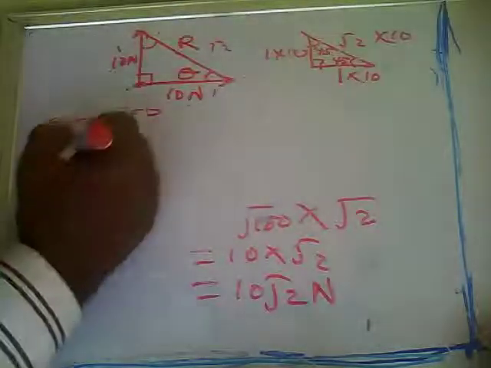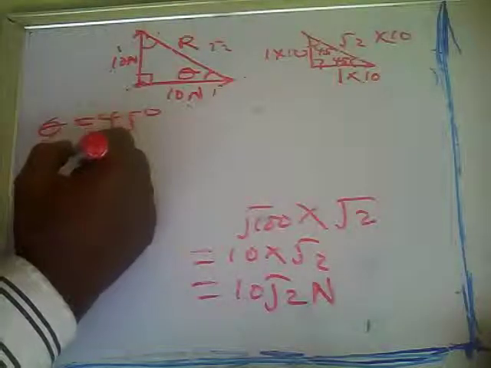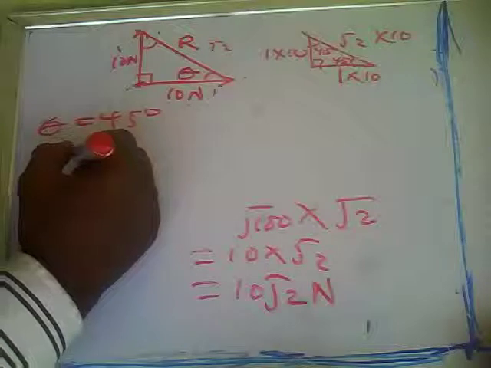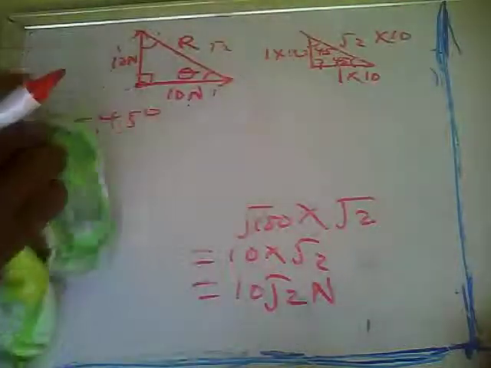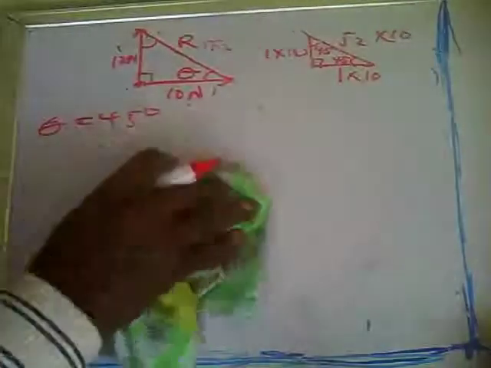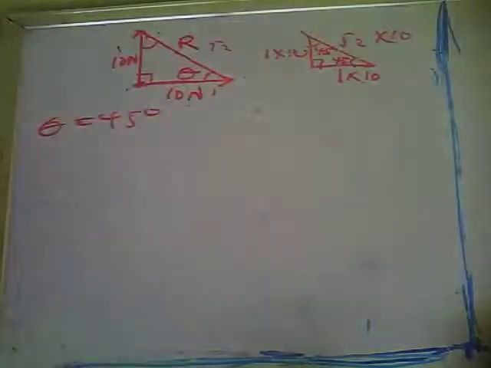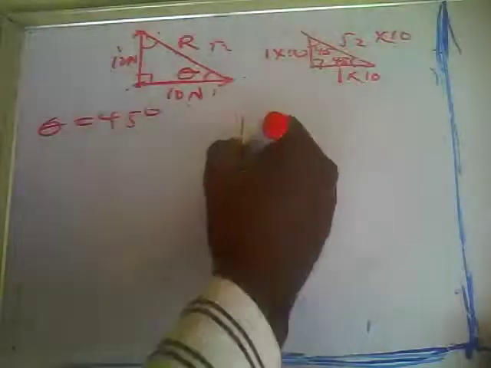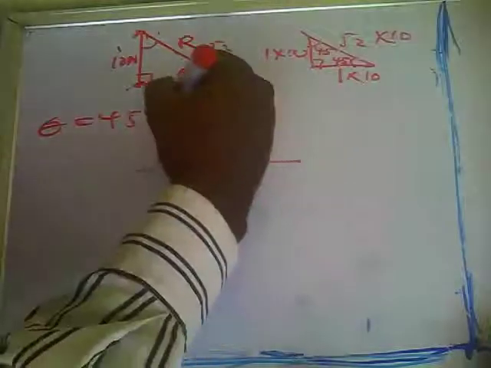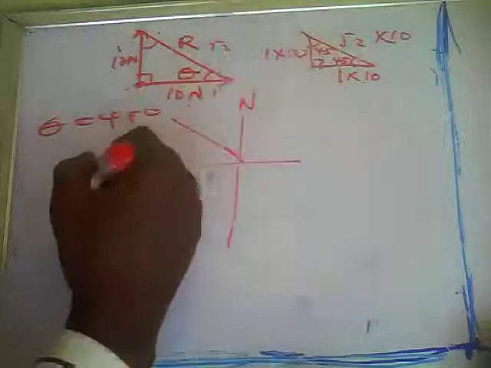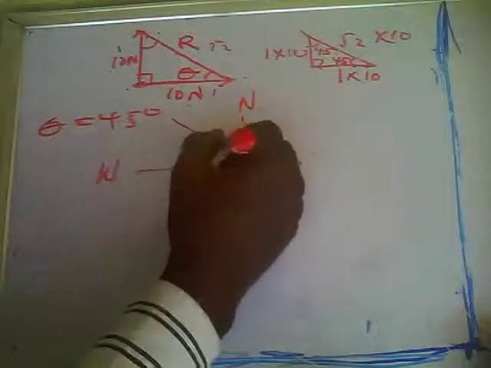Let me clean this so that my students will understand perfectly. This is bearing. We're looking at bearing. This is our north, this is our west, and we have this place as 45 degrees.